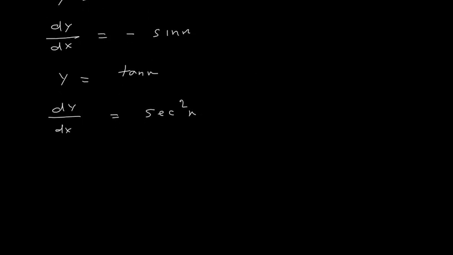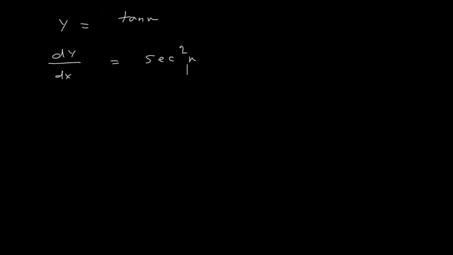This you have to remember, there is no logic. How do they come? They come by using that limit formula. If you solve it, you will get these answers. Now for y equal to cot x, its derivative dy upon dx is minus cosec square x.